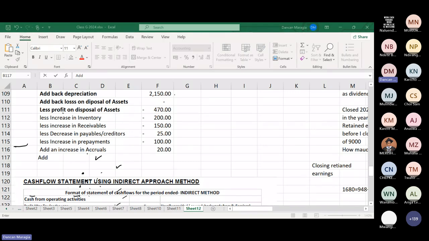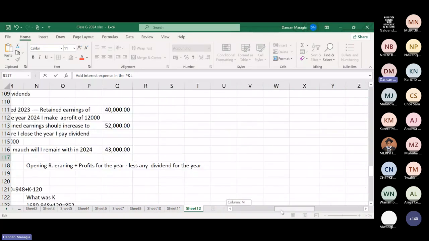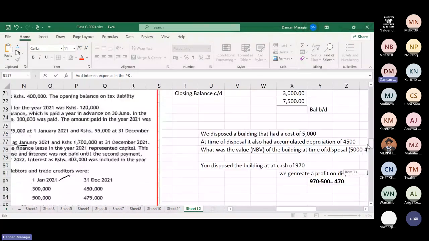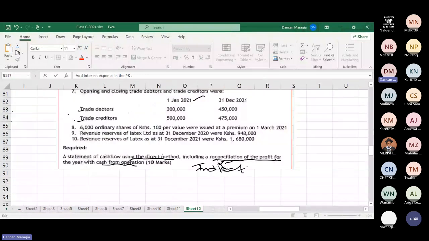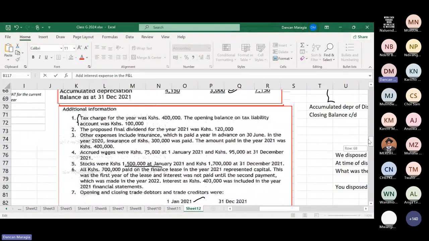So in this question, let's check, we had interest: add back any interest expense in the P&L.